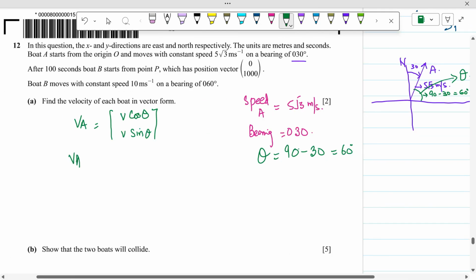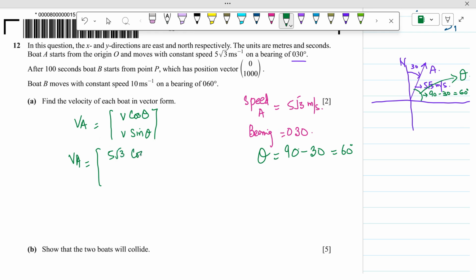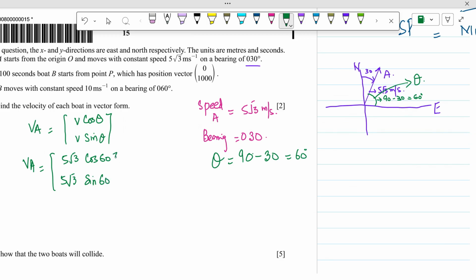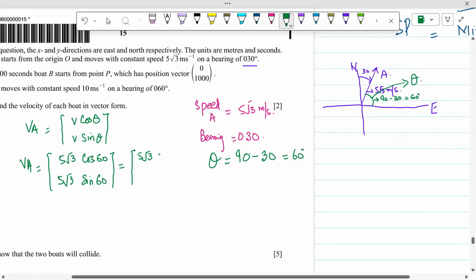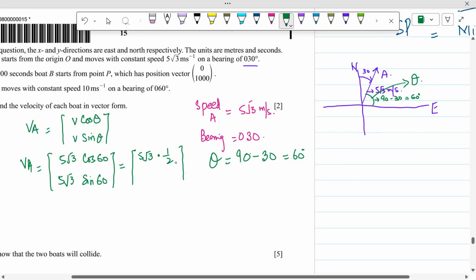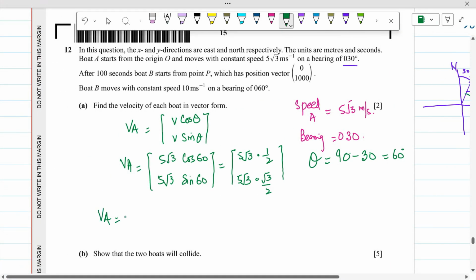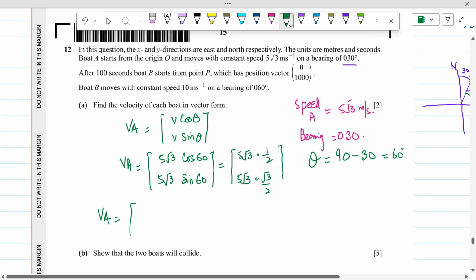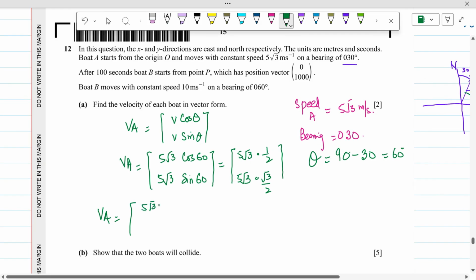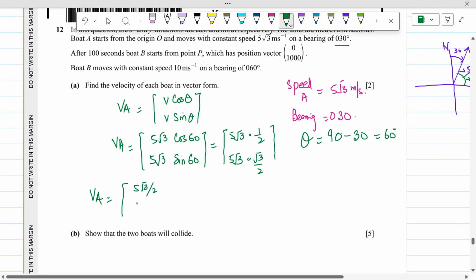So the velocity of boat A is V = (5√3 cos 60, 5√3 sin 60). Cos 60 is 1/2, and similarly sin 60 is √3/2. So the velocity of boat A has x component 5√3/2, and in the y component we will have 5 times 3, which is 15/2.